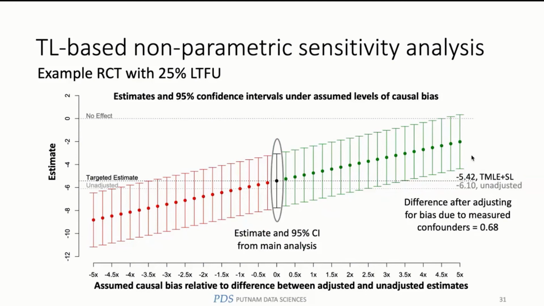So what I did on this plot was I said, well, suppose we have residual causal bias, and it was 5 times larger than that 0.68, than the actual bias that we were able to adjust for. If it was 5 times larger, and the bias had moved us towards the null, so the actual estimate was further away from the null, then our point estimate would actually have been over here, around -9.